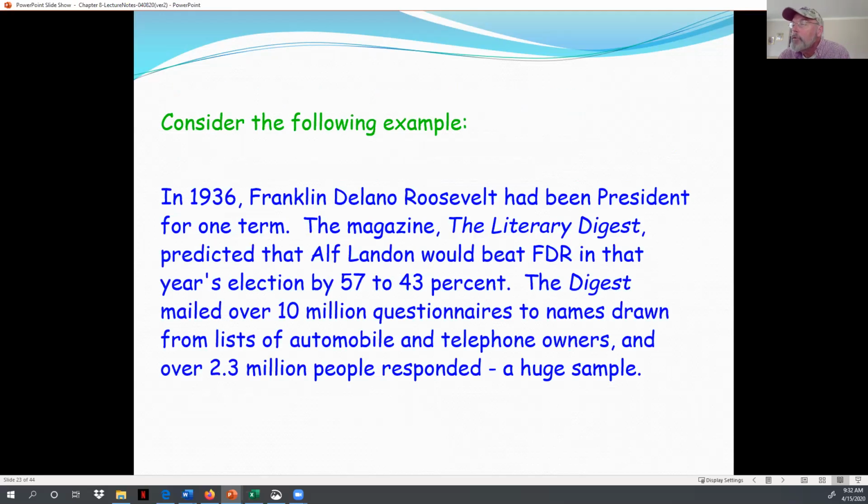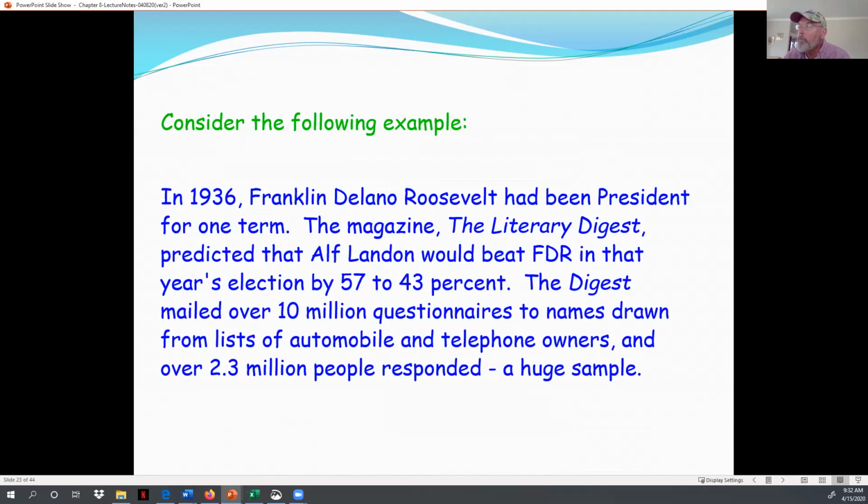All right, so here is a historical example. Does everybody remember in 1936 when Franklin Roosevelt was in his first term? Of course we don't remember that. In that election, there was a candidate for the opposing party, Alf Landon.